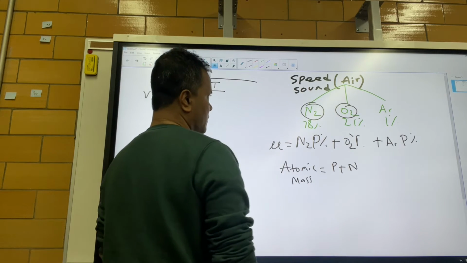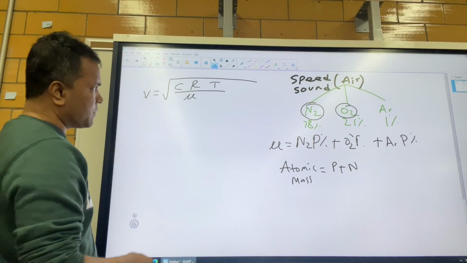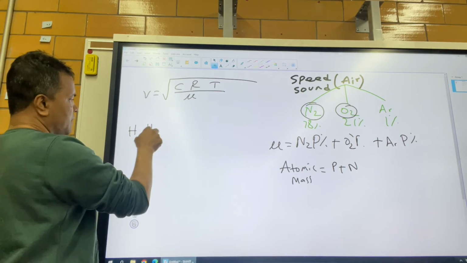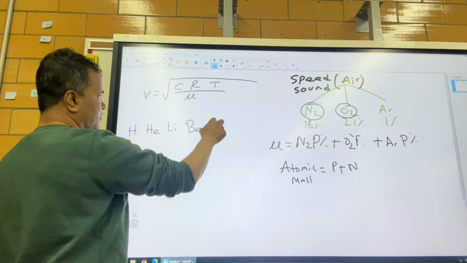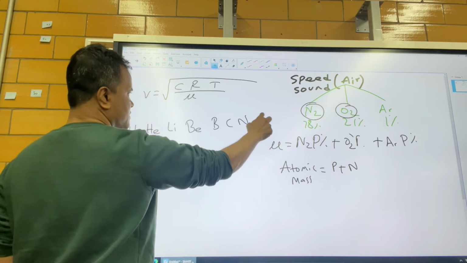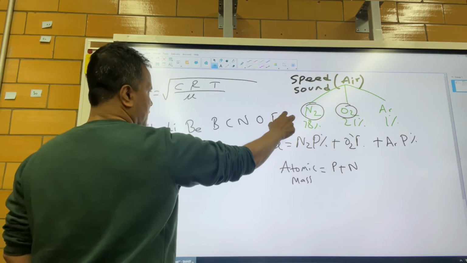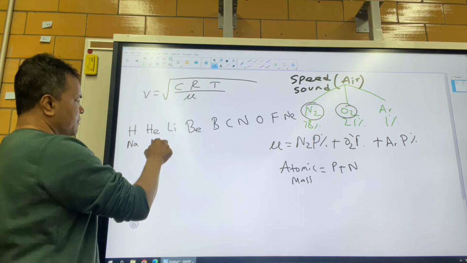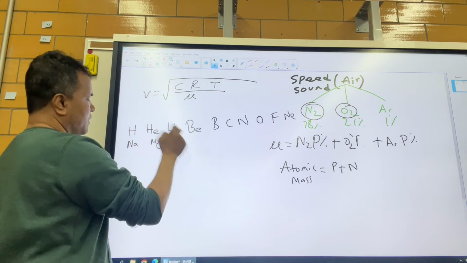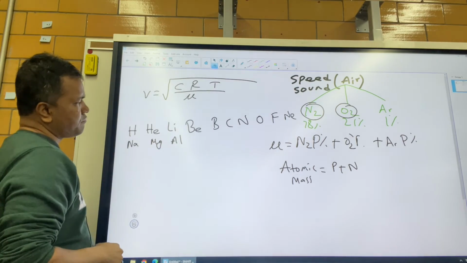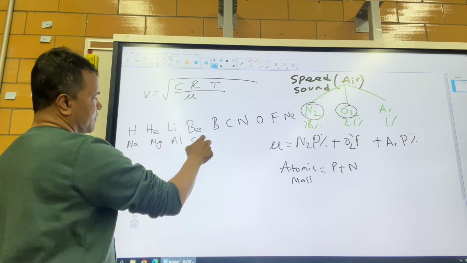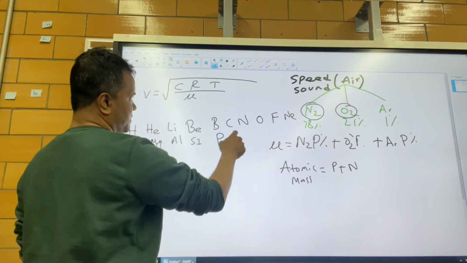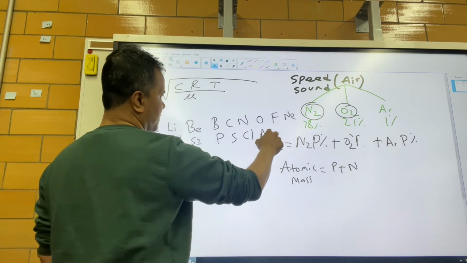Now if you list all the elements from hydrogen to argon, let's see what happened. Hydrogen, helium, lithium, beryllium, boron, carbon, nitrogen, oxygen, fluorine, and neon. Okay, and then you have sodium, magnesium, aluminum, silicon, phosphorus, sulfur, chlorine, and argon.